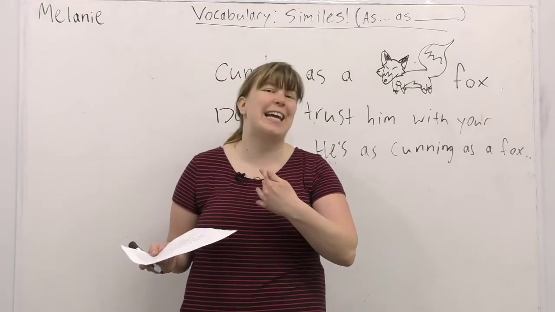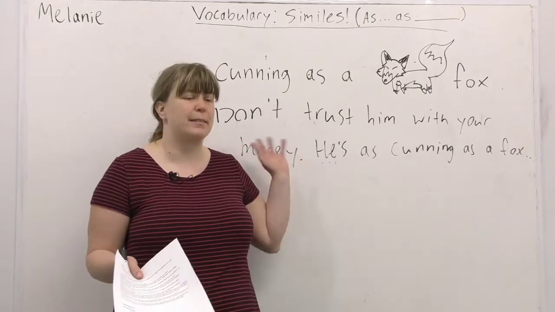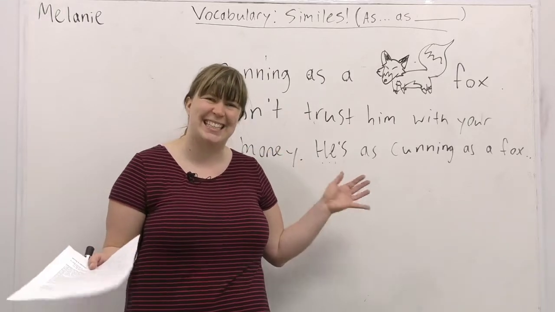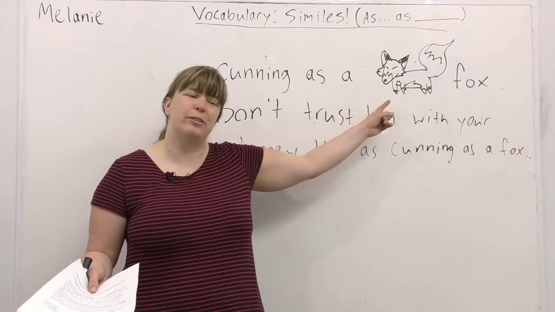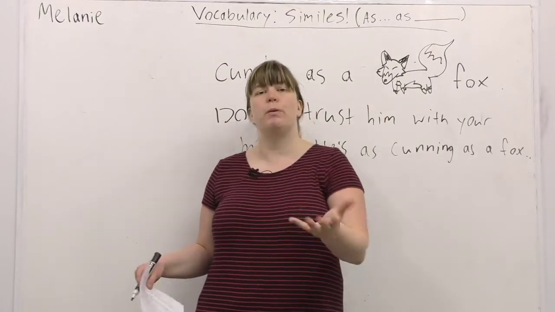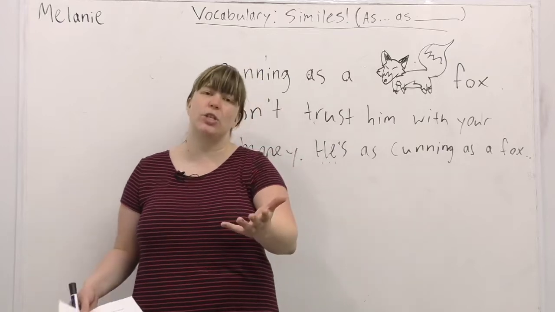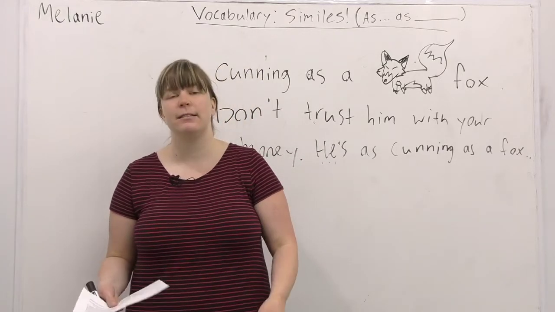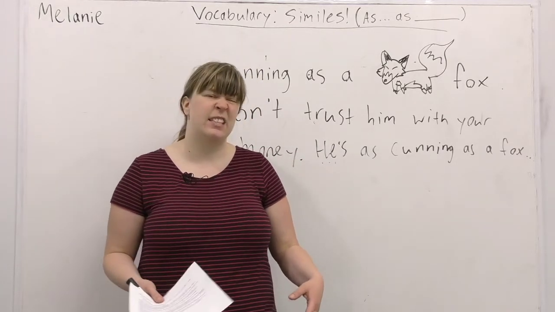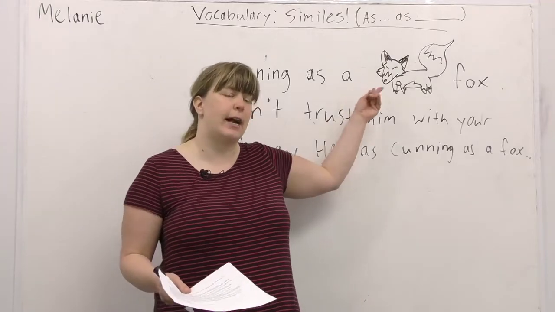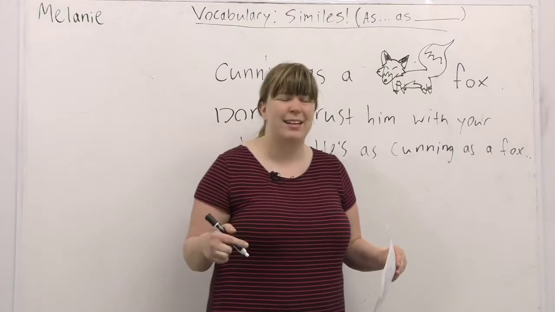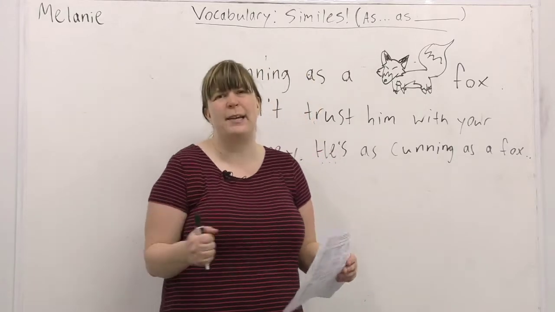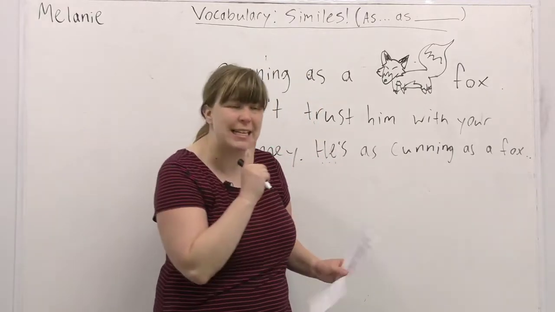I'm certainly not as cunning as a fox. I don't think I have much cunning. Definitely that's not me. I wouldn't describe myself that way. But you might be different, or you might know somebody who's very good like that. I think my husband, he's kind of cunning as a fox. He kind of plays tricks, and if he wants something, he won't be afraid to get it, but he'll be sneaky about it.